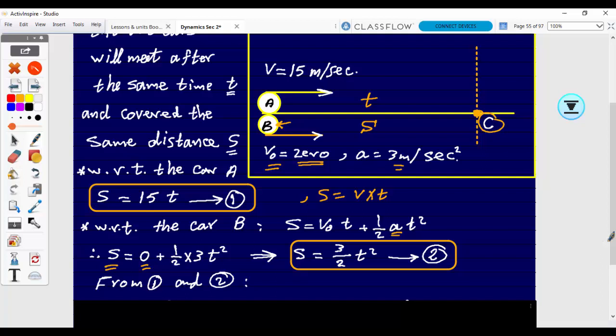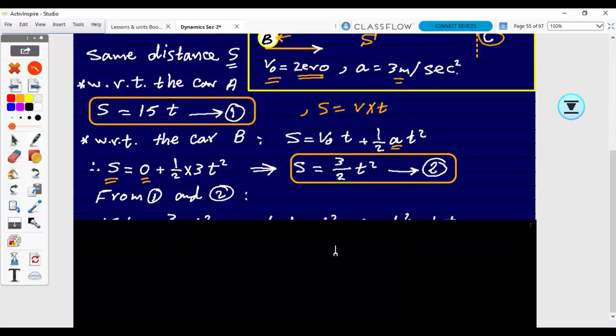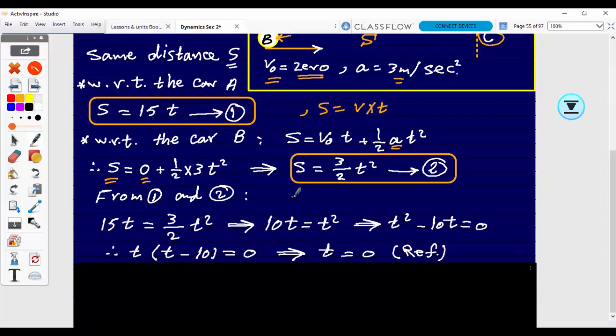And from 1 and 2, we can substitute s equals 15t and s equals 3 over 2 t squared. So 15t equals 3 over 2 t squared. Dividing both sides by 3 over 2, we get 10t equals t squared.